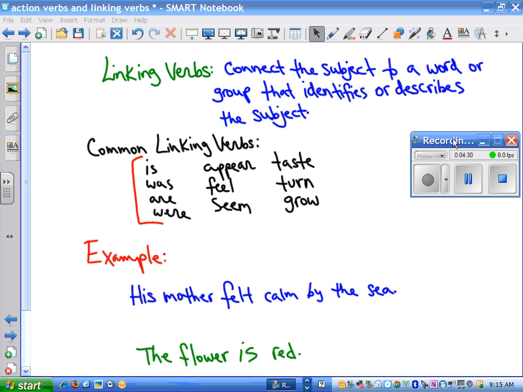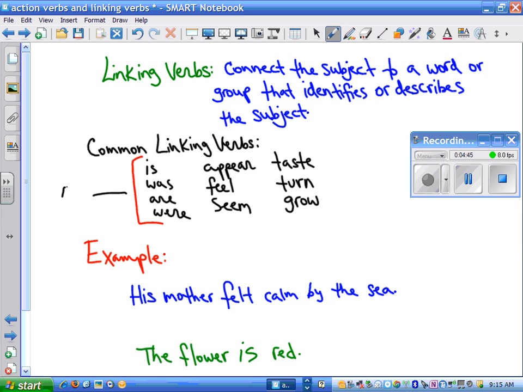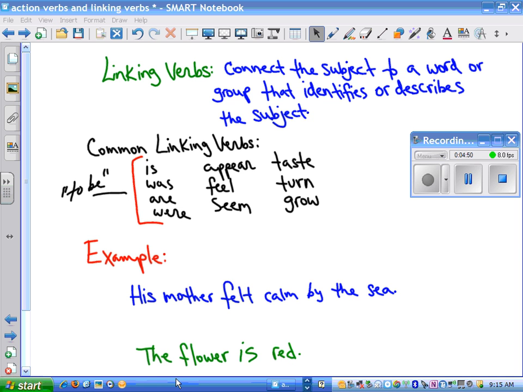To see when a linking verb is a linking verb, right, first you want to recognize what kinds of words fill that function. So is, was, are, were, these are forms of the verb to be. Those forms of the verb to be, is, was, are, were in particular, often, not always, but often are working as a linking verb, connecting a subject to an adjective describing it.